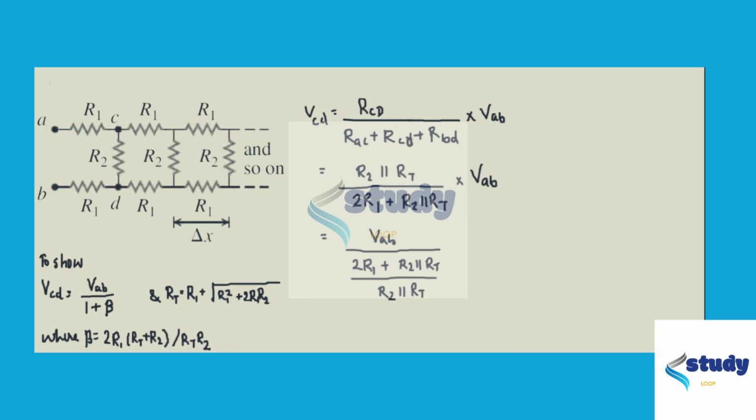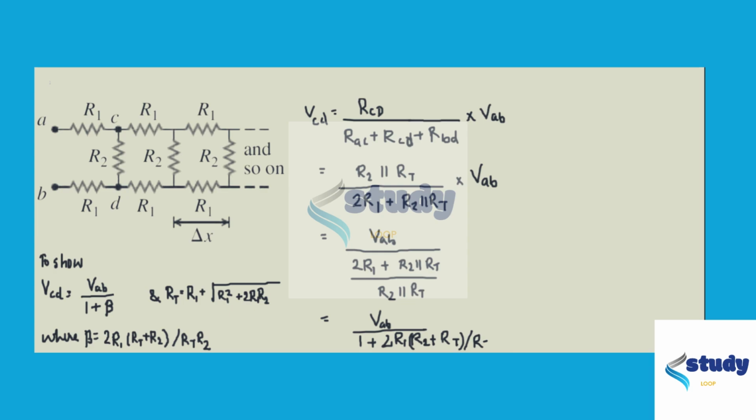From this, the first term in the denominator turns out to be 1, plus twice R1 upon R2 parallel RT. Now, what is R2 parallel RT? R2 parallel RT is simply R2 RT upon R2 plus RT, and since this is a division, we take the reciprocal.